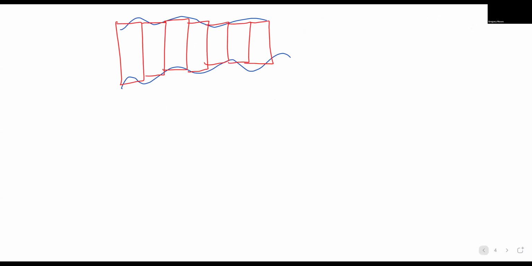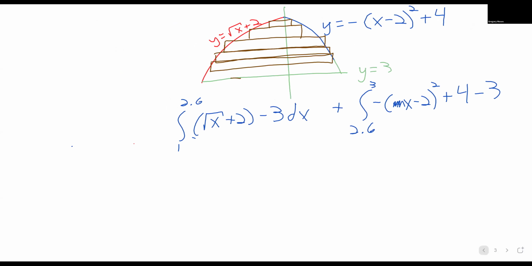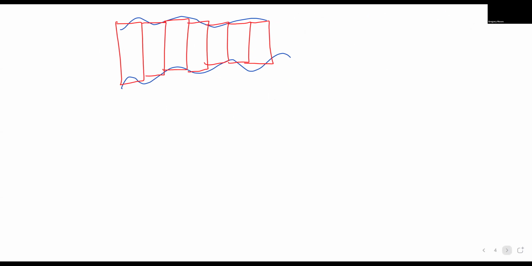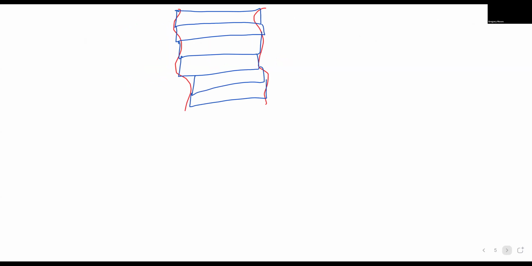Now, ordinarily, when we write the rectangles this way, the width of the rectangle is written delta x, and when we take the limit, those delta x's turn into dx in the integral.